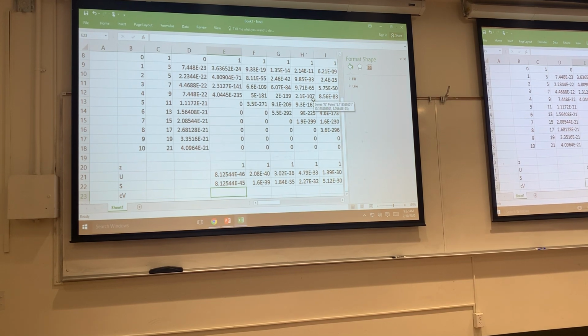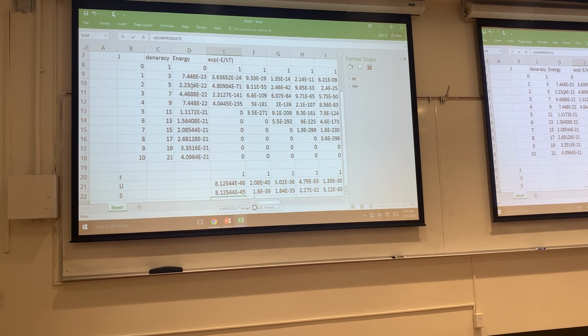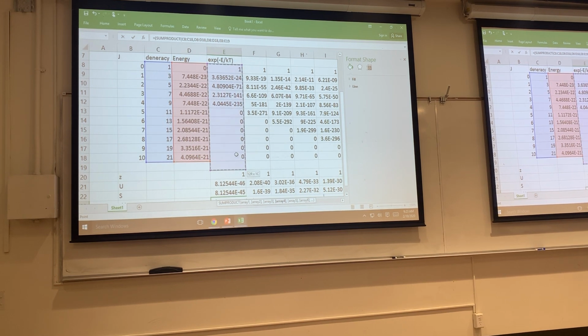Okay? So then that is the sum product of the degeneracy and the energy, and the energy again, because it's energy squared, and the exponential portion.